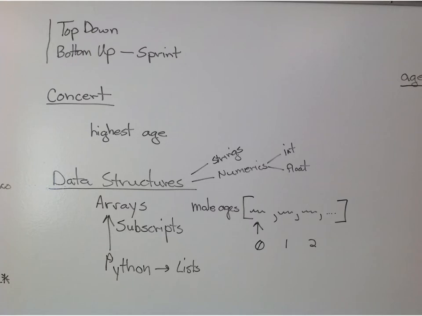So here, we have already talked about top-down design, and today we talked a little bit about bottom-up, doing a sprint. This is where you create a prototype. I like using that word.